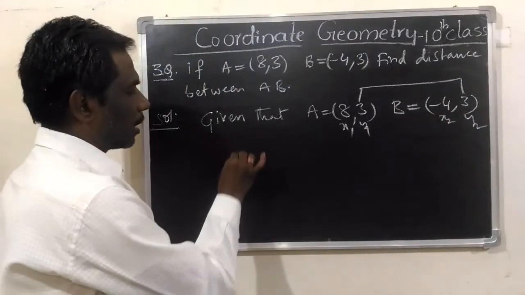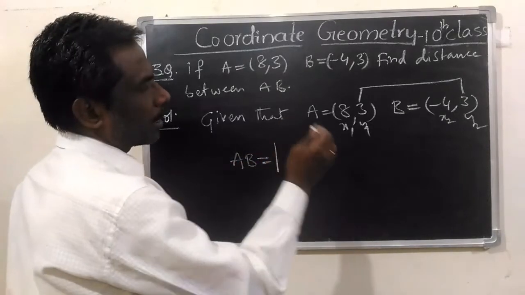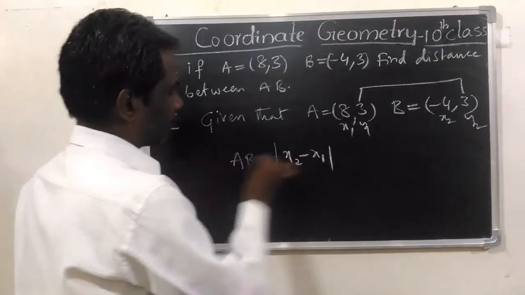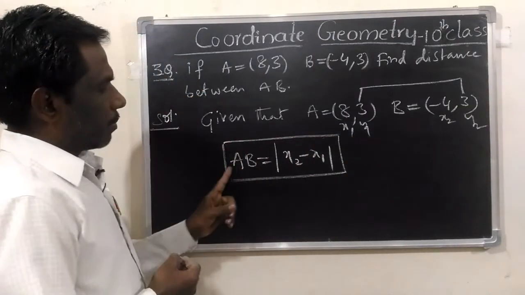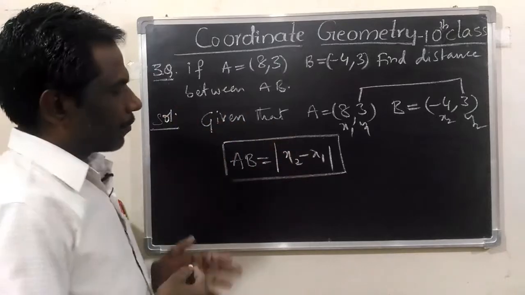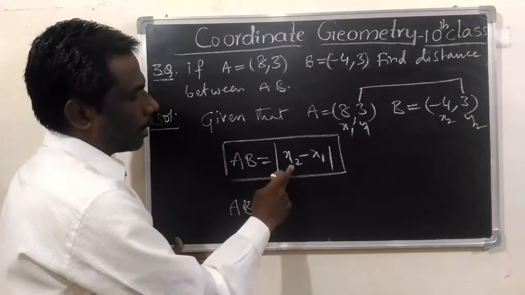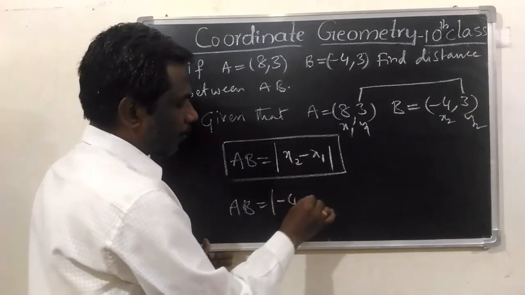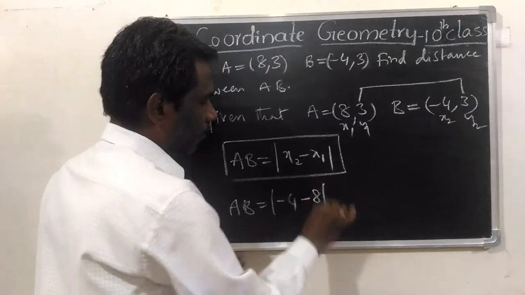That's why we can use the formula: distance between AB is mod x2 minus x1. So write AB is equal to mod x2. What is x2? x2 is minus 4, minus x1. x1 is 8.